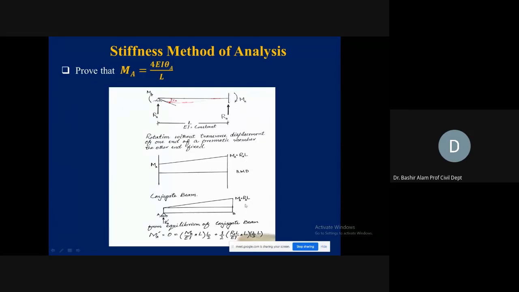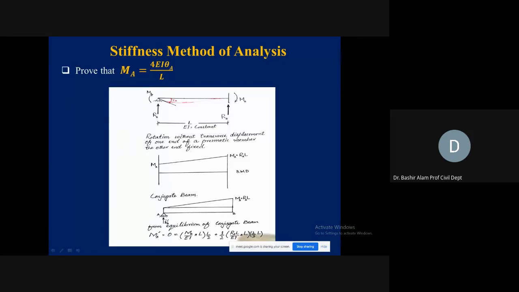Now, from the equation of equilibrium, if you see here the conjugate beam, the reaction at A, or shear at this point, is shown by RA prime. What will this become in the actual structure?